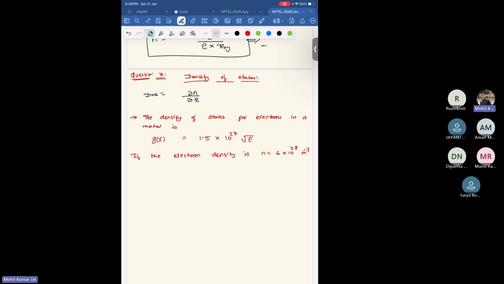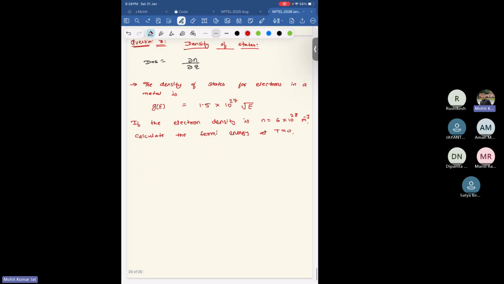Calculate the Fermi energy. T is roughly equal to 0.